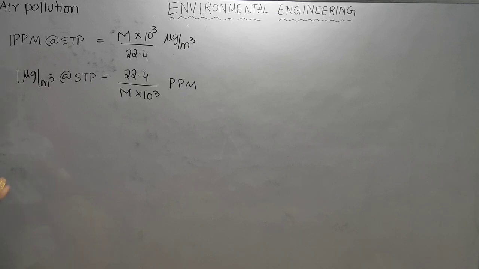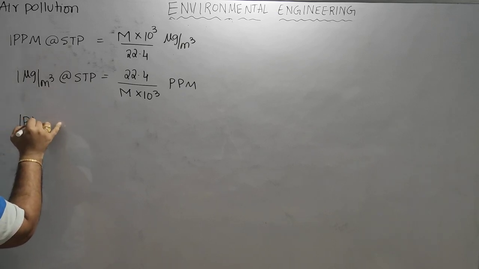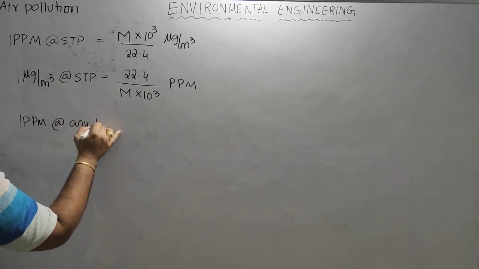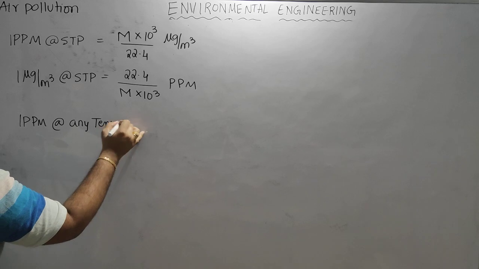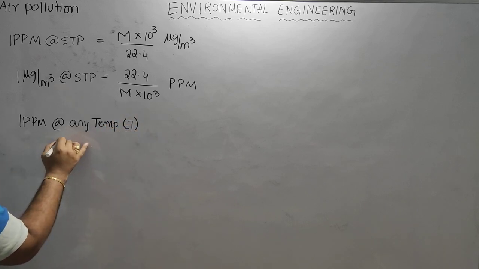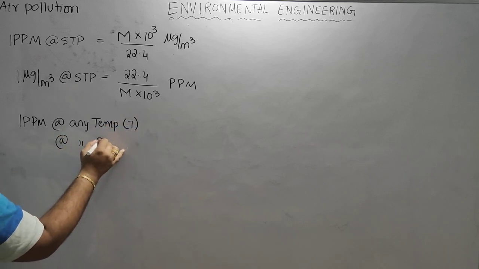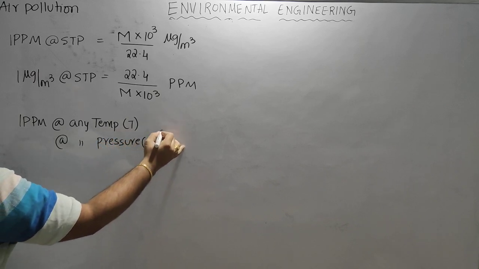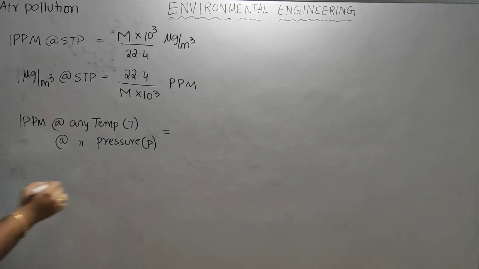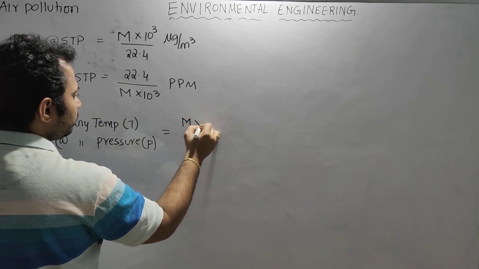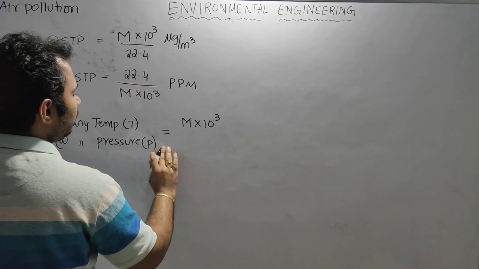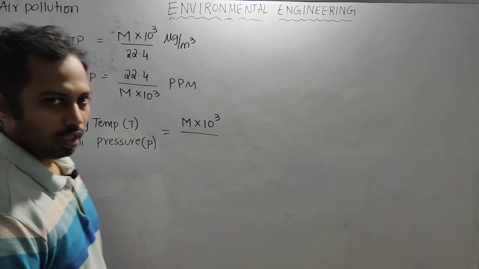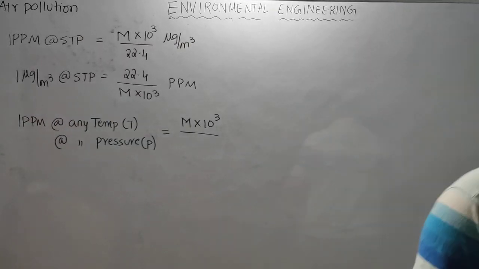Similarly, 1 ppm at any temperature T and any pressure P is equal to m into 10 to the power of 3 by a constant. Here this constant will not be 22.4.